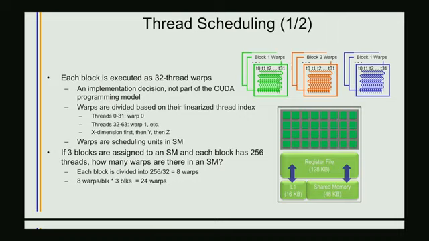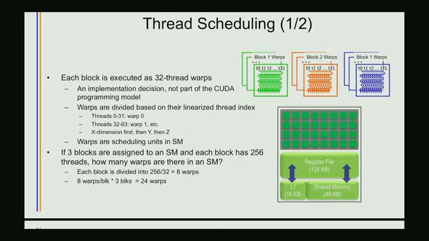Now, what we're going to do is take these threads in the block and consider them as 32-thread warps. So I'm going to take the first 32 threads in that block, that's warp 0. Then the next 32, warp 1, and so on and so forth.